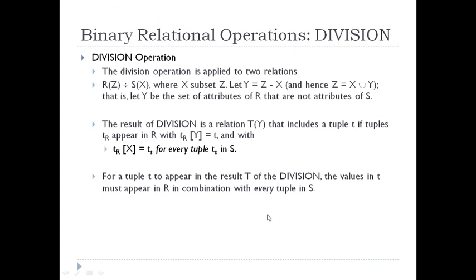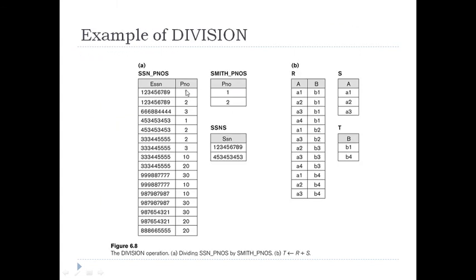Now we'll see the example, then it will be clear. See the SSN of the employees with the project number. Here is another relation which has only the project number. So here you can see in the first operand I have employee SSN and project number, and in the second operand relation I have project number. This is a subset of the attributes of SSN underscore project numbers, right?